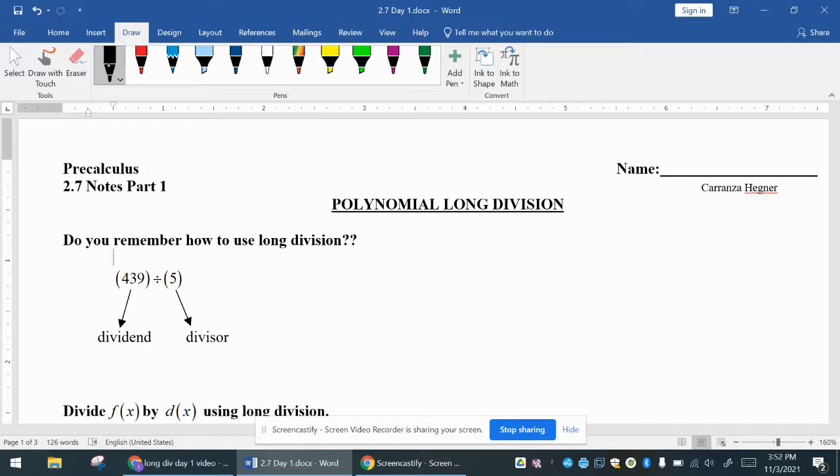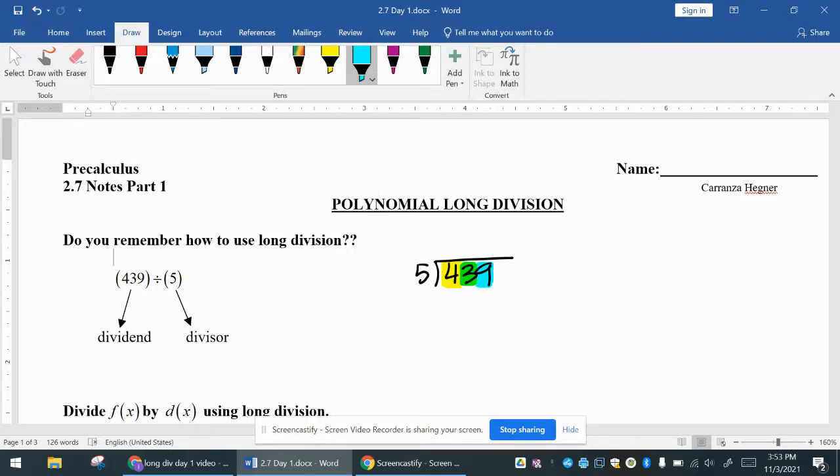All right, so when you were dividing with long division, something like 439 divided by 5, you would put the dividend inside of the long division symbol, and then the divisor would go on the outside. So you would actually have to break down the dividend into pieces, okay?